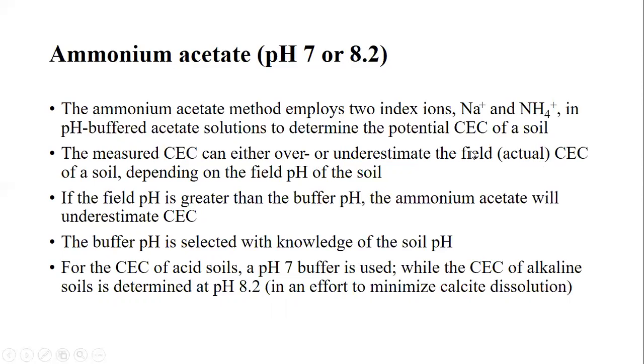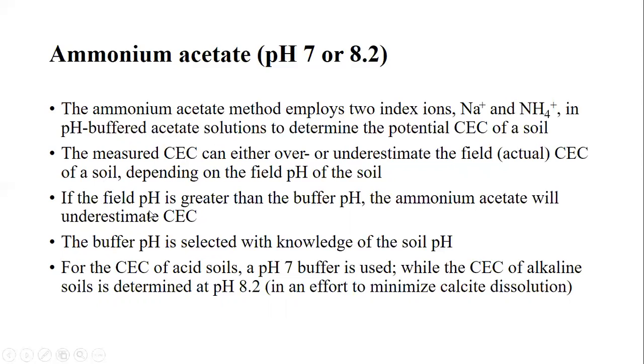By the field, we mean the real pH of the soil, the real CEC of the soil in the field, the actual CEC of the soil, depending on the field pH of the soil. So we don't want to underestimate or overestimate. This is not good. So how do we avoid that, and when does that happen?